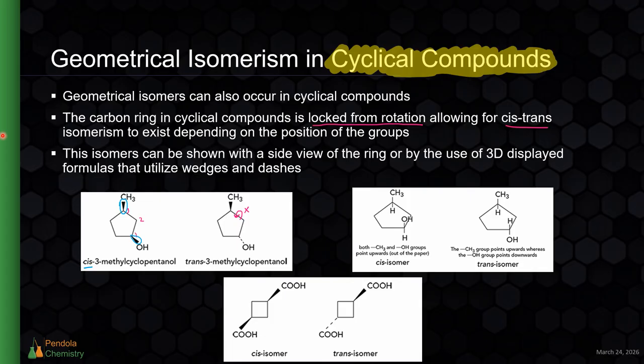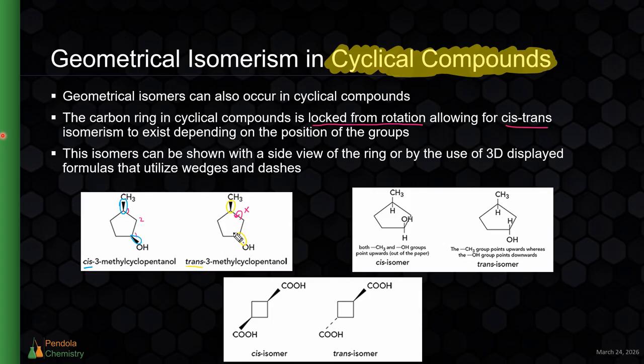But if the two functional groups are on opposite sides, meaning the methyl's coming out, but the hydroxide is going back behind the ring, which we show by one having a wedge and one having a dashed line, then that is trans-isomerism, because one is on the top side, the other one is on the bottom side if we're looking at this ring from the side.